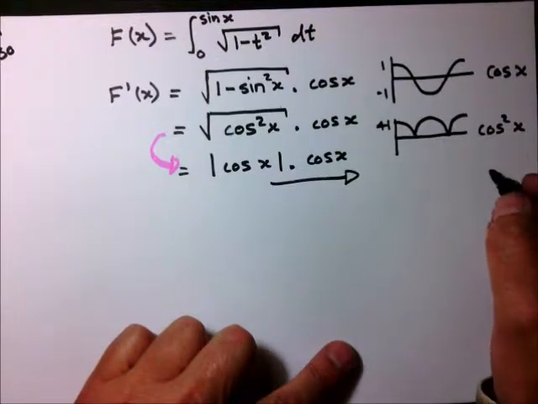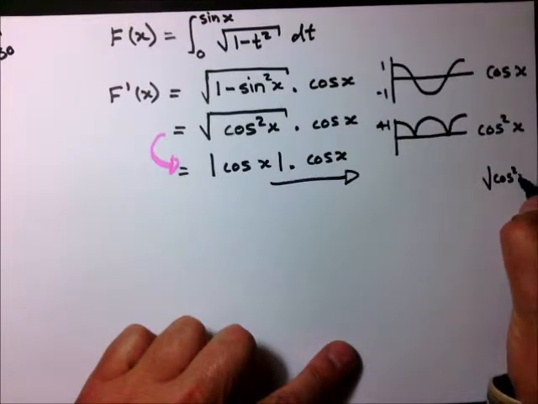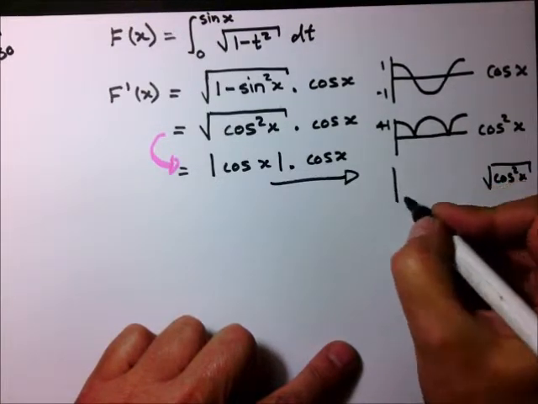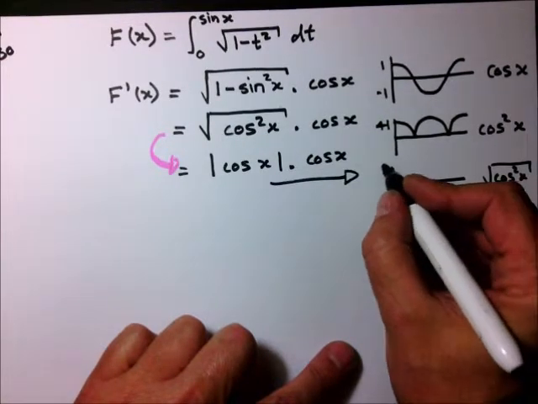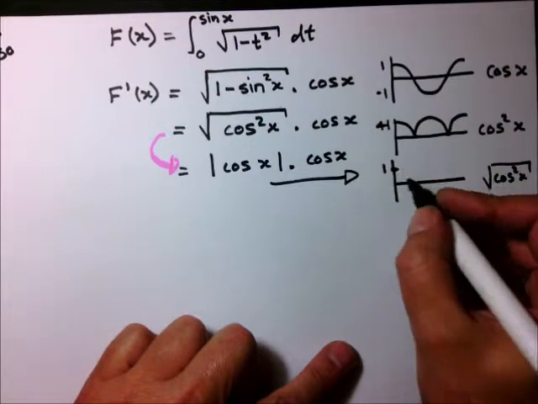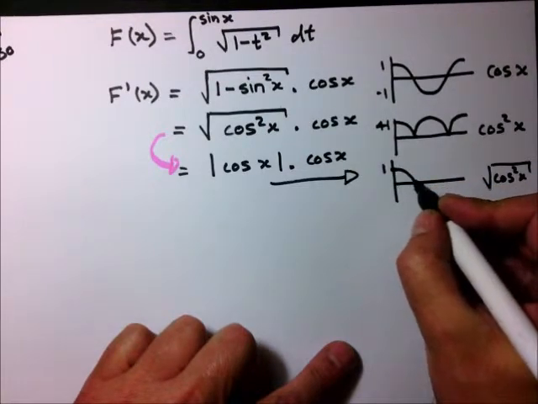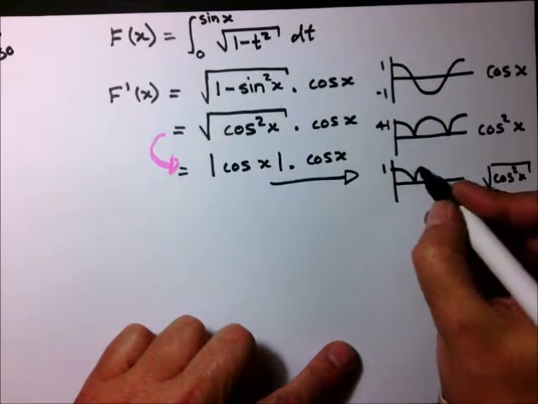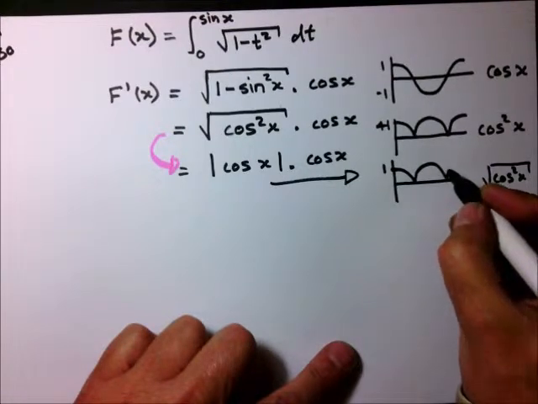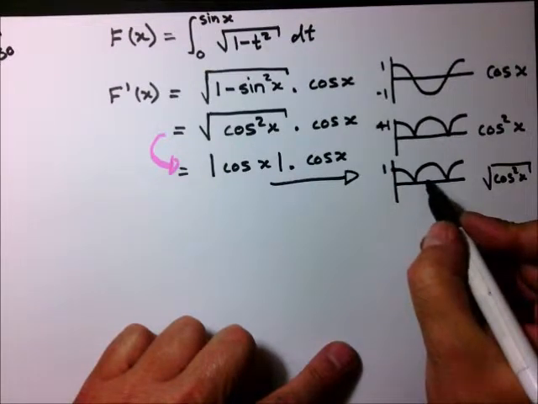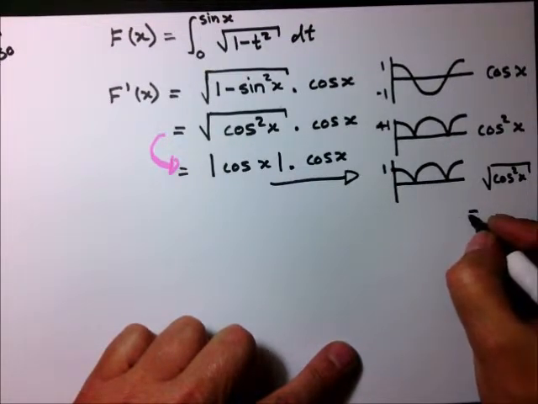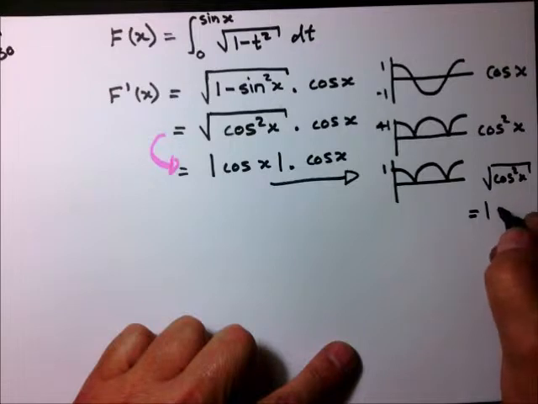Now, if we take the square root of cos squared of x, the square root of 1 is still 1, and it comes down, and the square root of this doesn't change anything, so that is what that would look like, and that is essentially equal to the absolute value of cos of x.